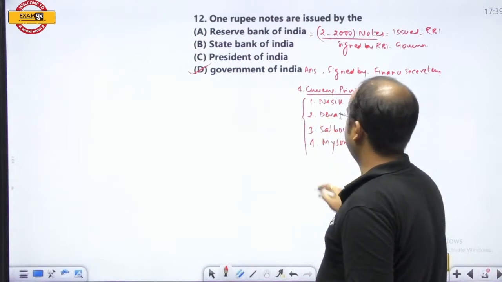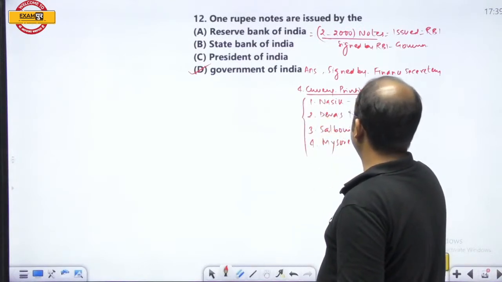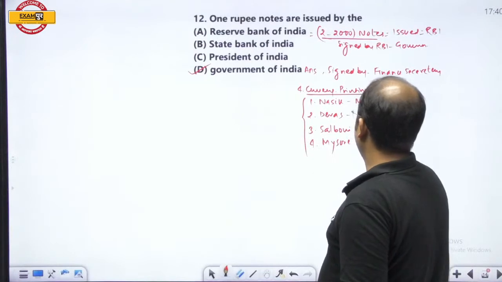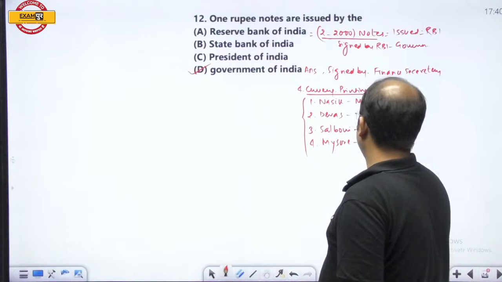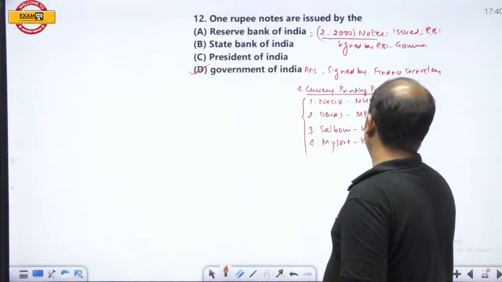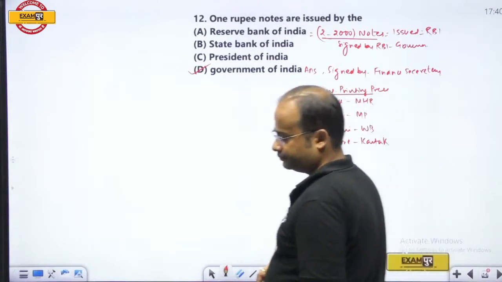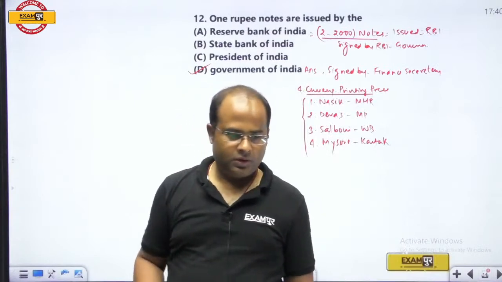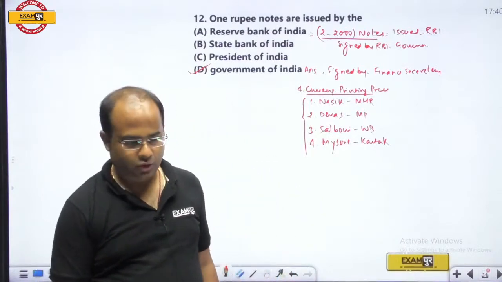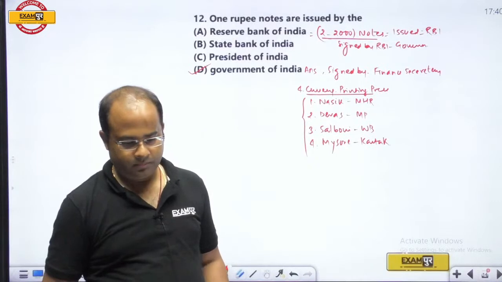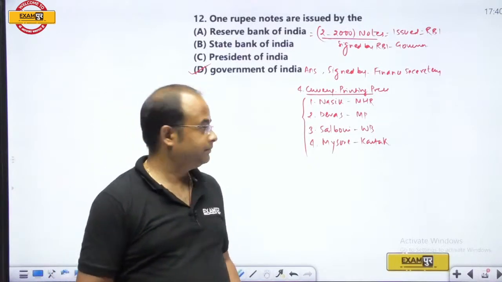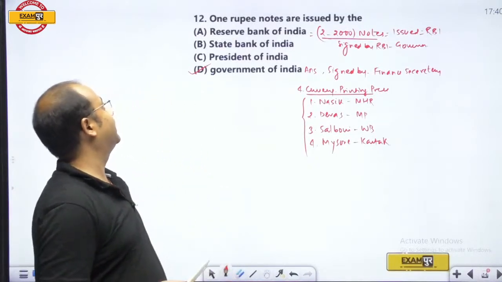So these are the 4 currency printing presses. Nasik is in Maharashtra, Devas is in MP, Salboni is in West Bengal, Mysore is in Karnataka. So the correct answer will be, guys, option D, that is Government of India.